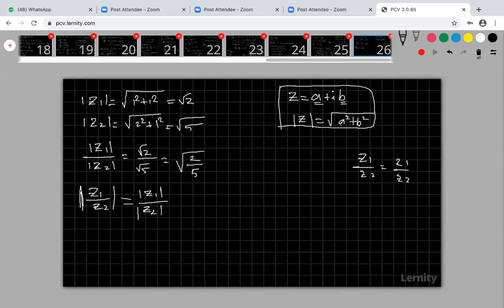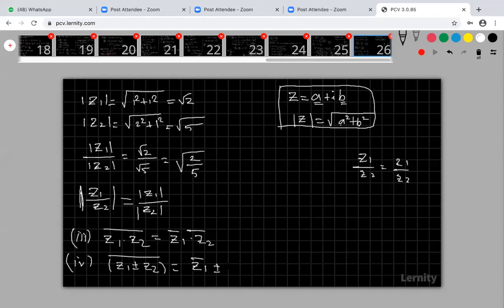Right. So now come to the other results, and these results we have already discussed in our previous class. I'm just repeating the others again. Z1 into Z2 equal to Z1 bar into Z2 bar. So I'm just writing the results. You please go through the results and prove the results by some examples. Okay, that's equal to Z1 bar plus or minus Z2 bar. That means here, you add any two complex numbers and take a conjugate. That is equal to taking a conjugate separately and then adding. Both are same.